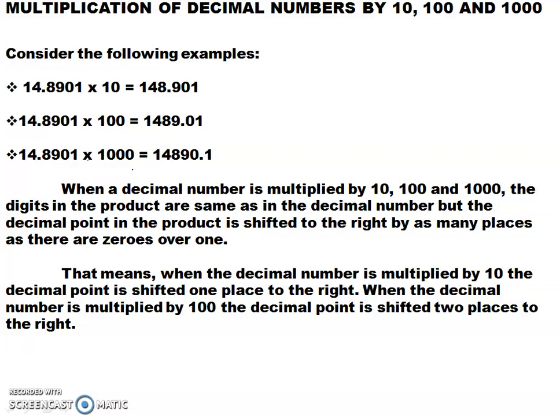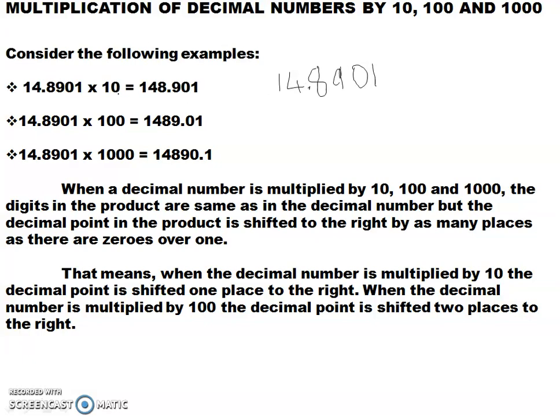The only thing which is varying is 10, 100 and 1000. So if I write 1, 4, 8, 9, 0, 1.